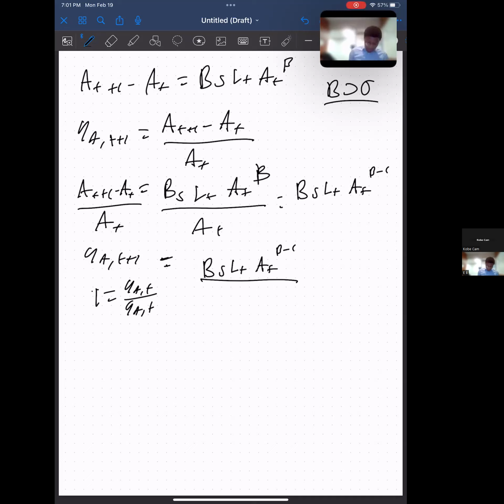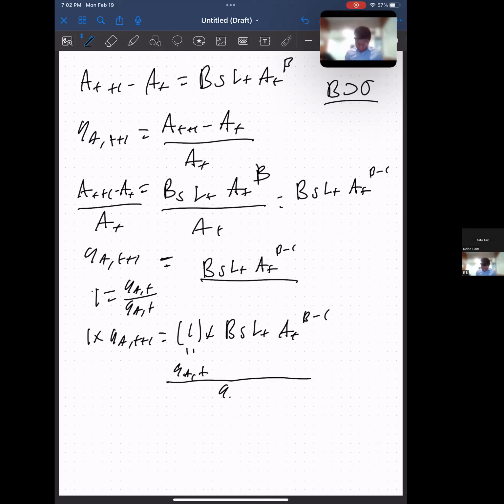So we could say 1 times the growth rate of A_{t+1} is equal to 1 times B S L_t A_t to the beta minus 1. And then from here, we can replace this with the growth rate of A at t, and divide everything by the growth rate of A_t. You might be thinking, why would we add more variables to our function? Well, think about it.